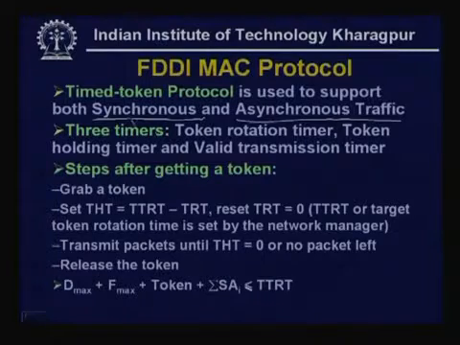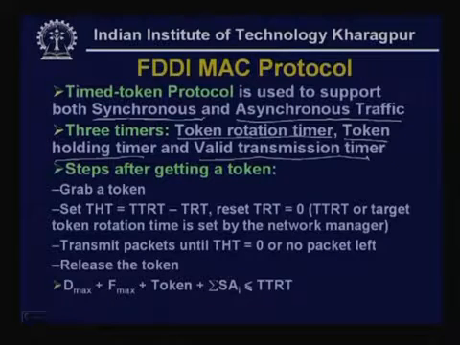But using the timed token protocol, FDDI supports both synchronous and asynchronous traffic. There are 3 timers. One is known as token rotation timer, TRT, another is token holding timer, THT, and another is valid transmission timer. Now, these timers are used for the purpose of sending tokens and receiving packets.